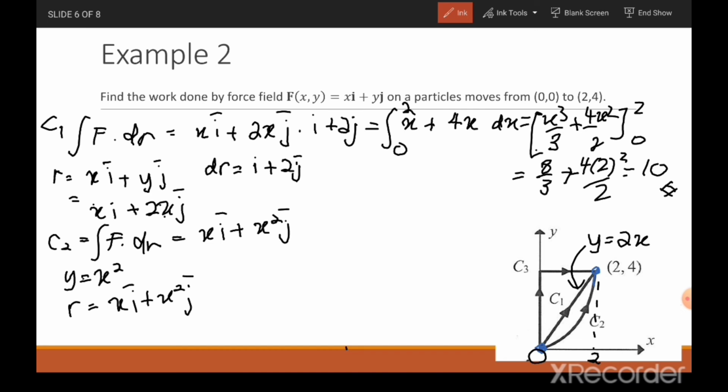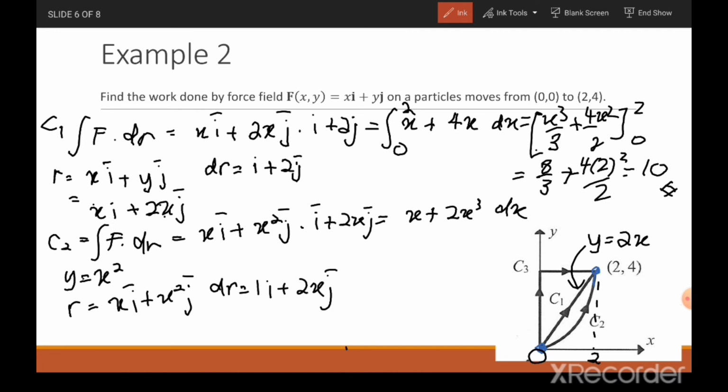Then we find the r vector, and dr is equal to 1 i plus 2x for vector j. Then f dot dr: x times 1, you get x, plus x power of 2 times 2x, you get 2x power of 3, dx.